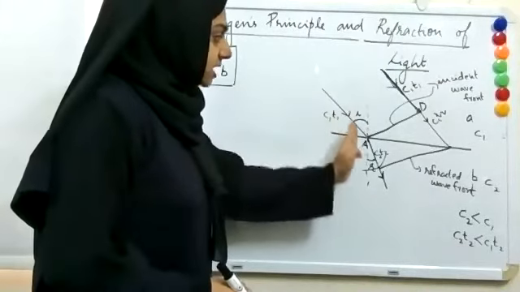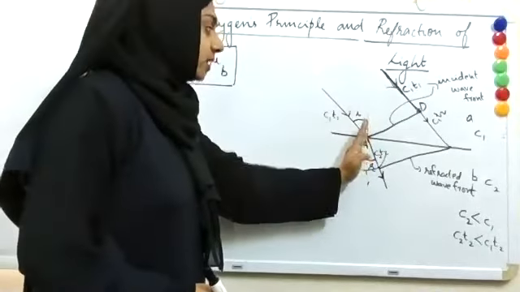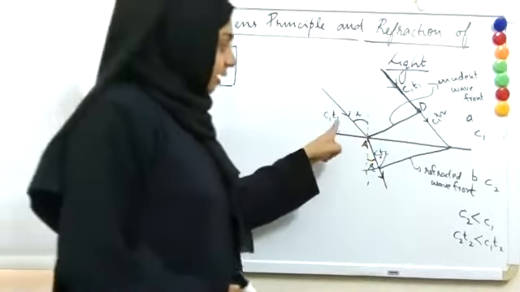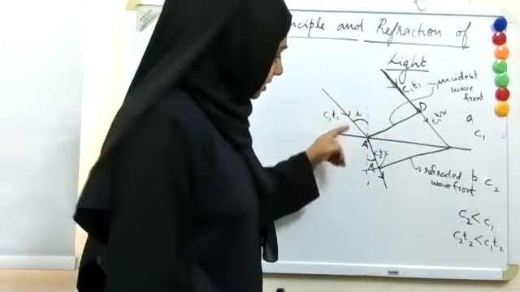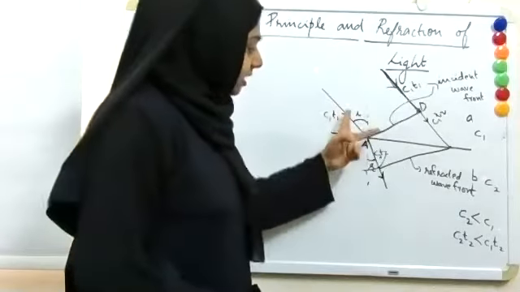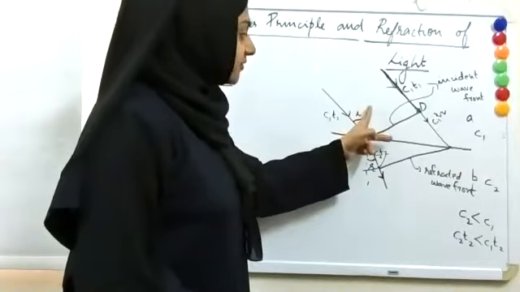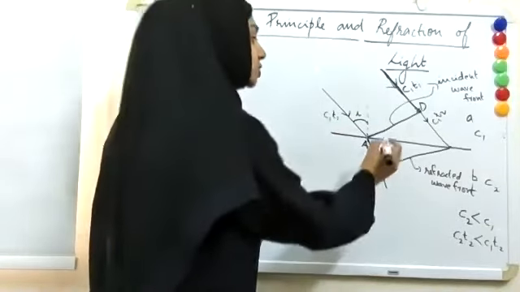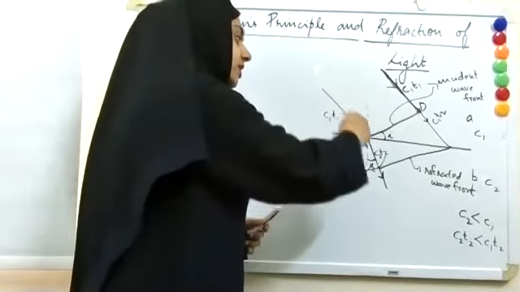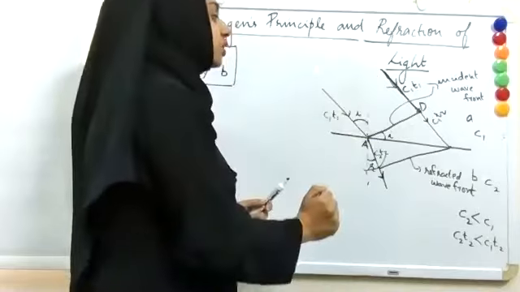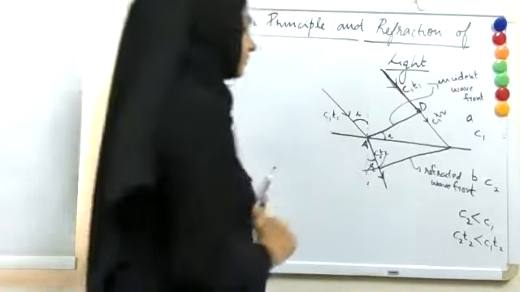This angle is I, meaning the angle between the incident ray and the normal. You know that the incident ray and the incident wavefront are perpendicular to each other. Similarly, the normal and the surface are perpendicular to each other. So I can mark this angle also as I. The angle between incident ray and normal will be the same as the angle between the incident wavefront and the surface.